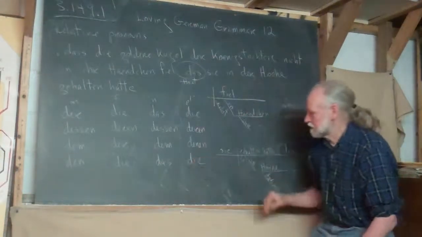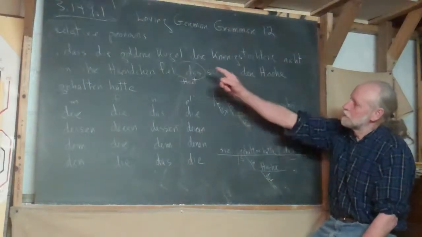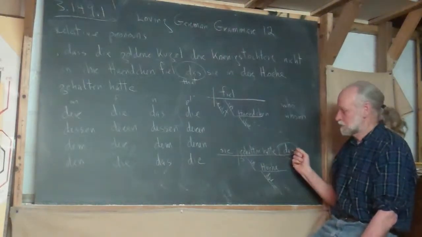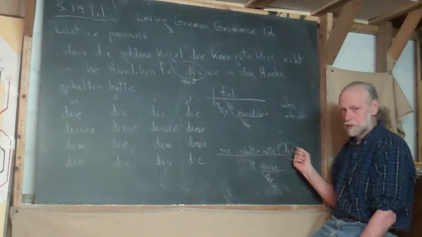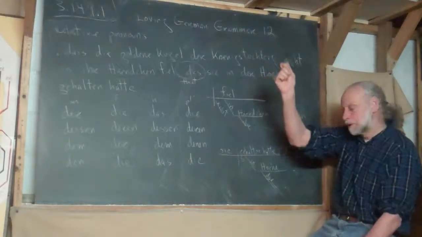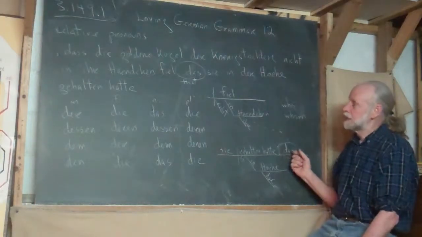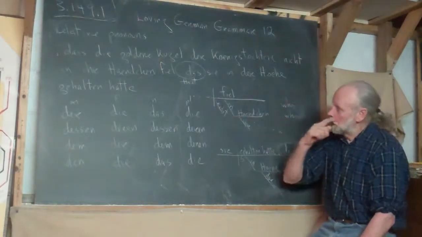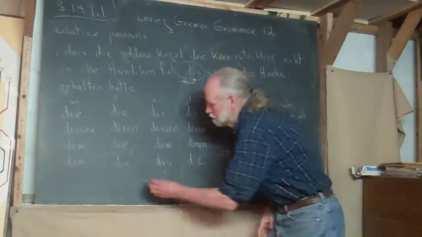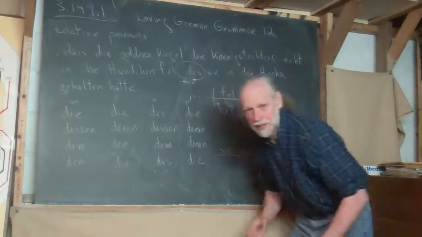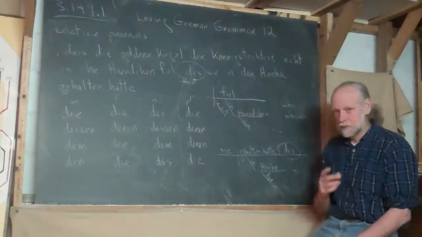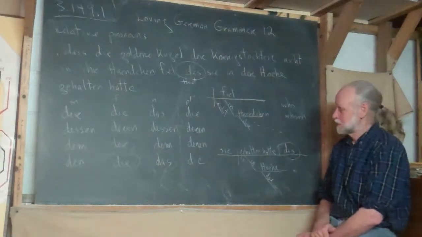Here's accusative. Now, if it had been the ball, then this would have been D. It still would have been accusative case. She had held the ball in the height. But now, since the ball is feminine, it would have been this one. And that's what I momentarily got a little bit confused on. There is no confusion in German.